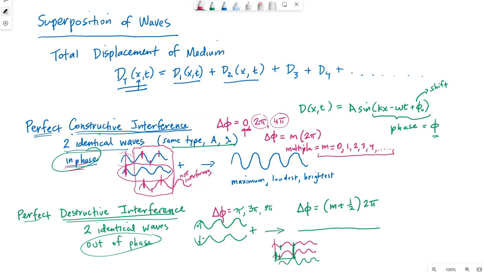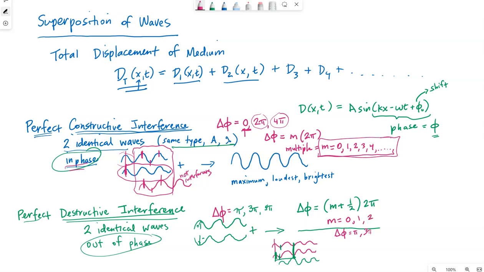The reason for writing it this way is so that we can use these same multipliers, these same multiple values. So if m is 0 here, if I plug in 0, I get delta phi of pi, because I get half of 2 pi. If m is 1, 1.5, I get 3 pi.